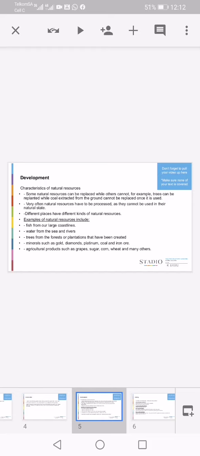Very often, natural resources have to be processed as they cannot be used in their natural state. Different places have different kinds of natural resources.